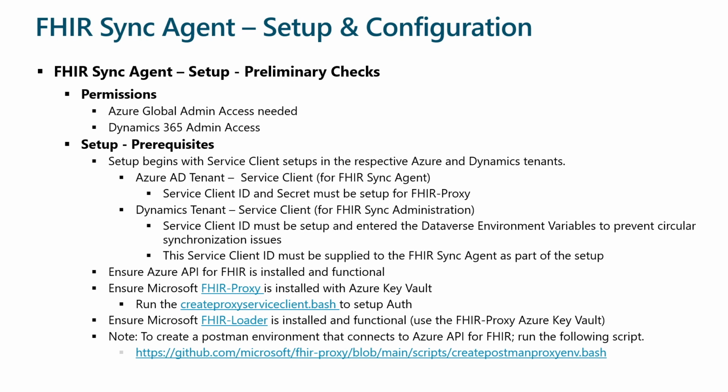And also, like we discussed in the previous slides, ensure all the other prerequisite applications are installed, that is Azure API for FHIR and FHIR proxy. In addition, if you need to create a Postman environment, you can run this script that will create a Postman environment and connect to the Azure API for FHIR.